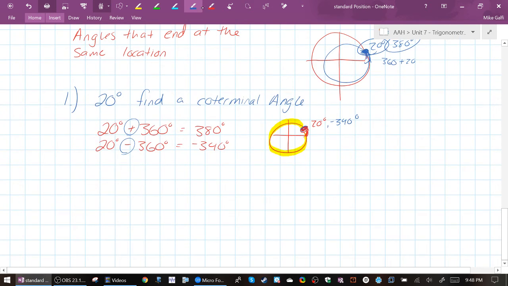Now, we will get the same thing to happen, but it'll happen in radians. Okay, so I might give you something like 3 pi over 5. So we'll do it in radians. And I might say find a coterminal angle.